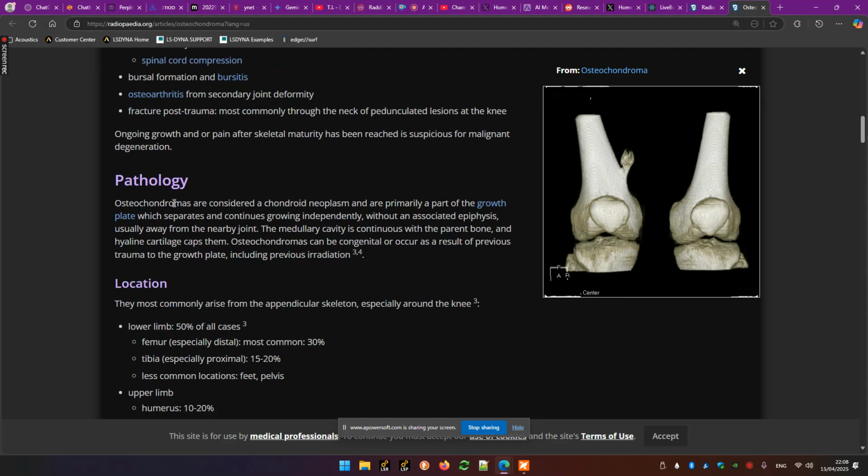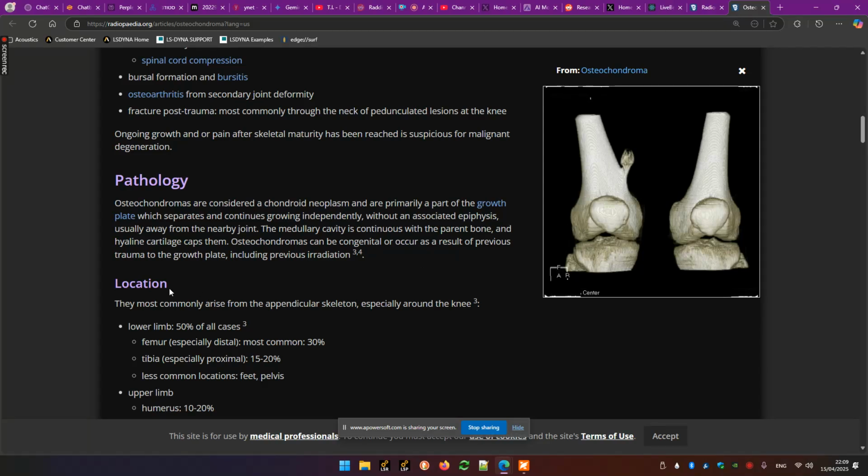Okay. Osteochondroma is a cartilaginous lesion, part of the growth plate, the physis, continuing to grow independently, usually away from the nearby joint. You can see that the direction of the lesion is away from the nearby joint, away to this direction.